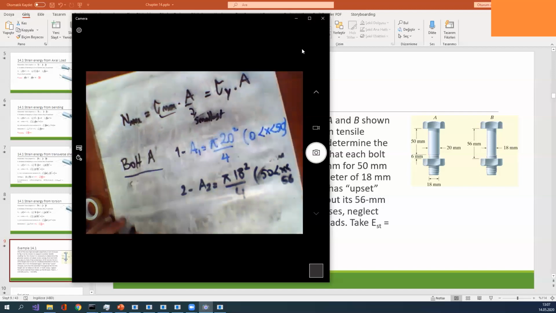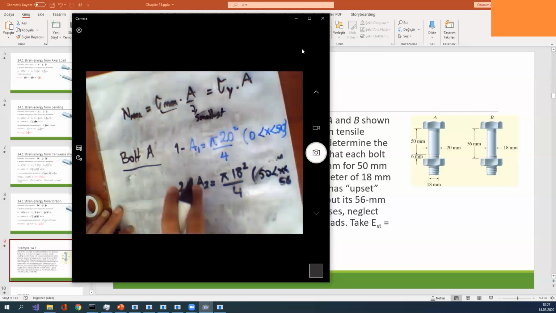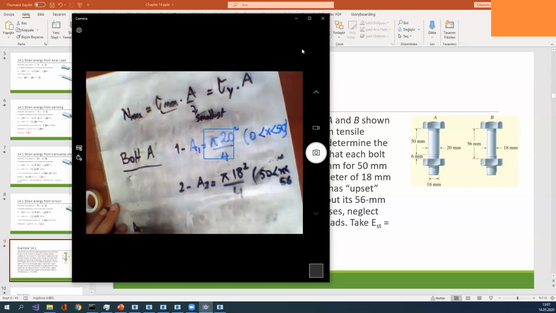So what is the N max? Which one is the smaller? A2. Therefore, I want to write for both.